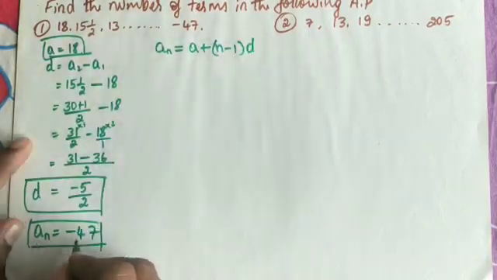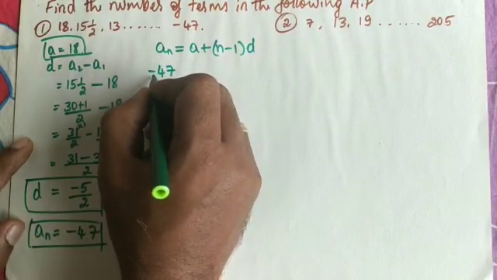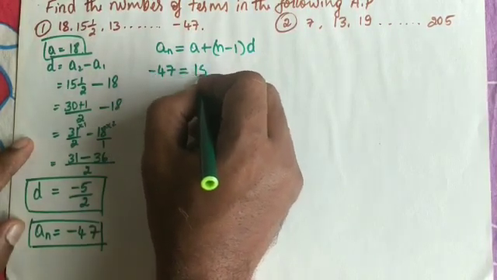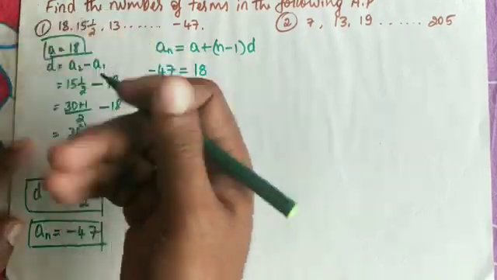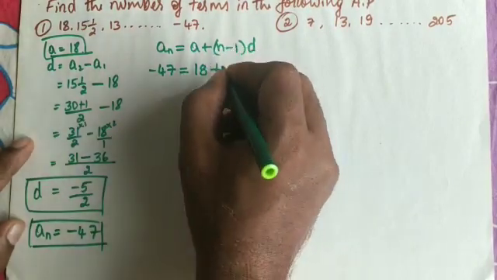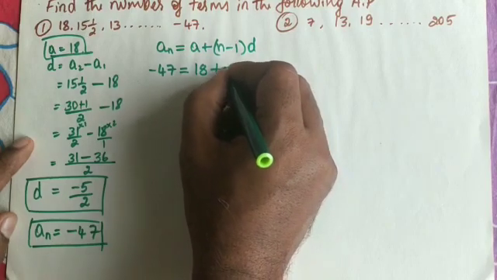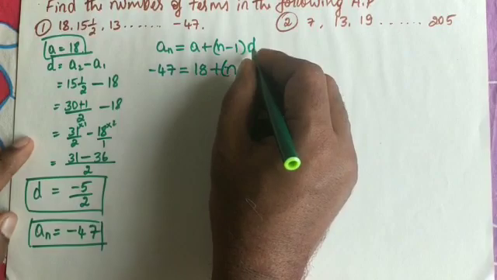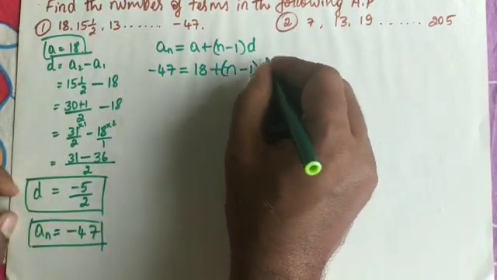We will substitute the value of an, minus 47, and a is 18. We can't substitute the value of n, for which we are solving this problem, we will be calculating it. And now the value of d, that is minus 5 by 2.